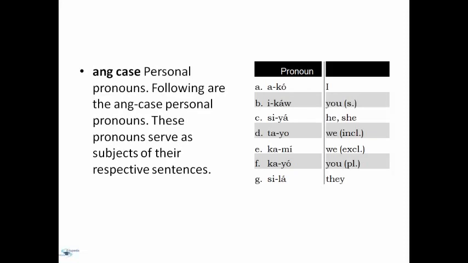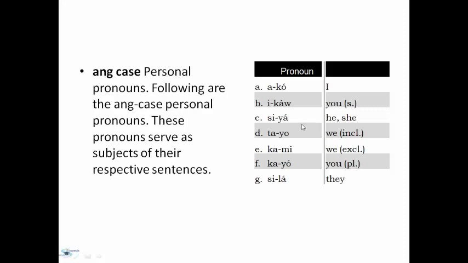Ang case personal pronouns. Following are the ang case personal pronouns. These pronouns serve as subject of their respective sentence. We have here the pronoun ako, I, ikaw, you, for the singular.